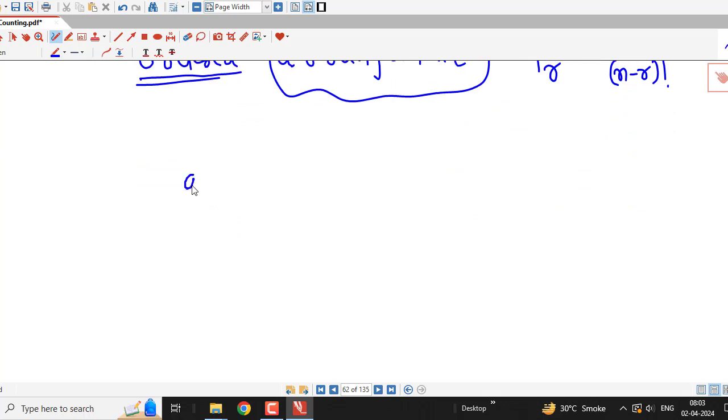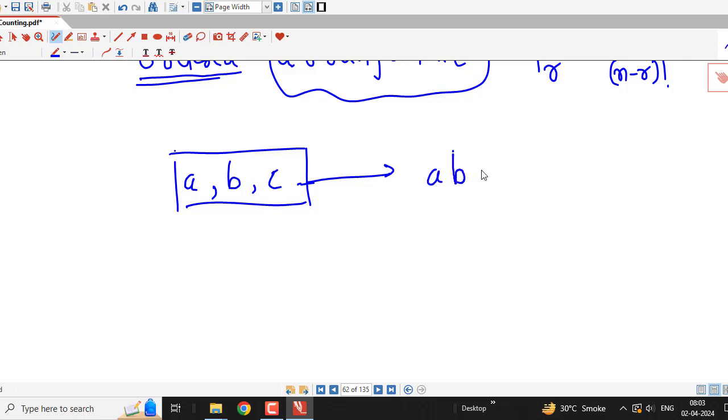Suppose I am taking three objects, say A, B and C, and suppose I am interested in the arrangement of all these three objects. If order is important, then we have different arrangements: ABC, ACB, BAC, BCA, CAB, CBA. We consider all these as different arrangements. ABC is considered different from ACB, and BAC and BCA are also different if order is important.